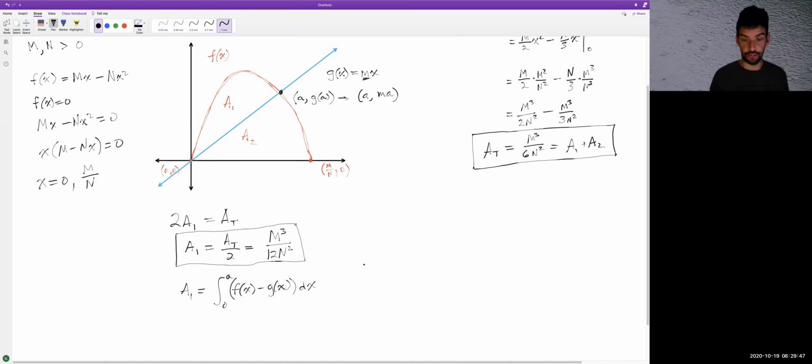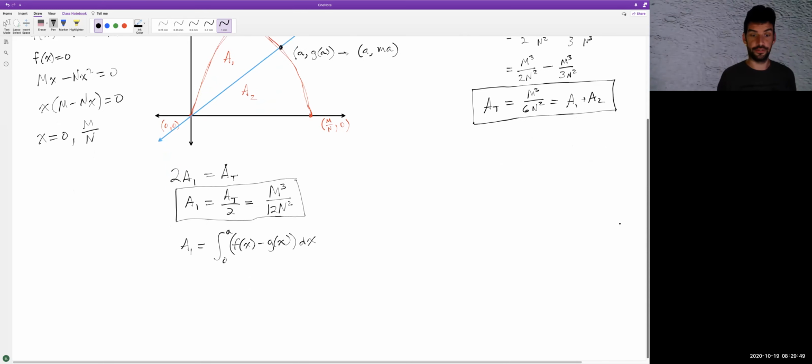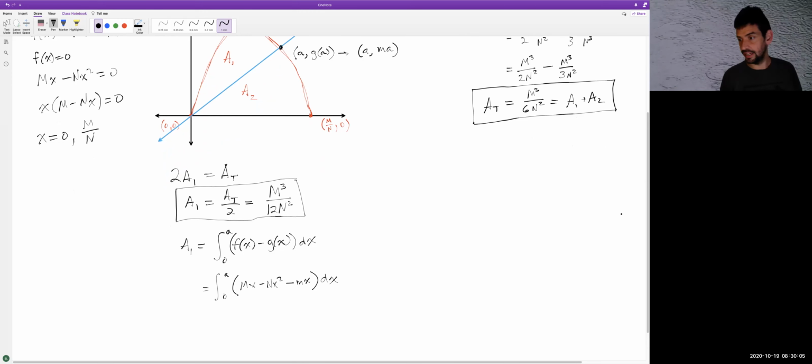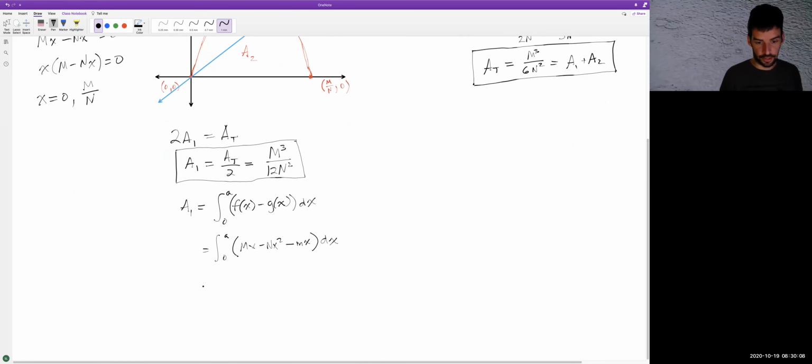Okay. So let's compute this integral. This is going to be the integral from 0 to a. f of x is big M x minus n x squared. g of x is minus little m x, dx. We integrate, so I'll have big M over 2 x squared minus n over 3 x cubed minus little m over 2 x squared, evaluated from 0 to a.